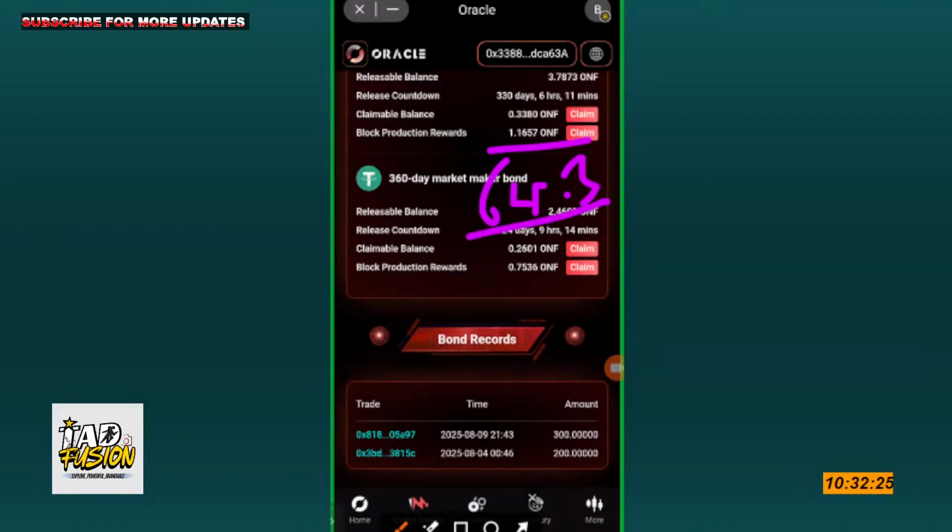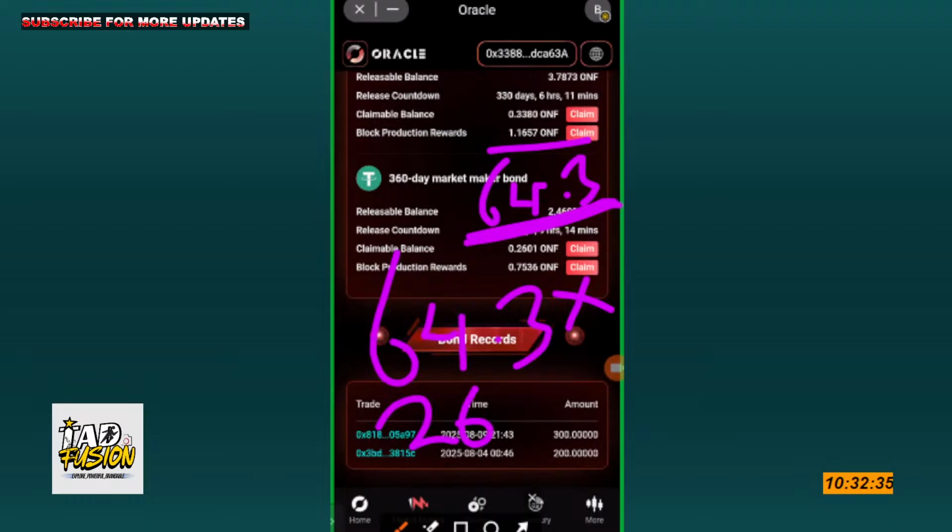Now, I will multiply this with the current price. That is 64.3 times 26 to see the money that I will make, in case the price of the coin remains at $26. So 64.3 times 26.